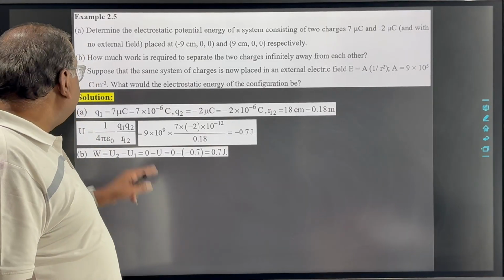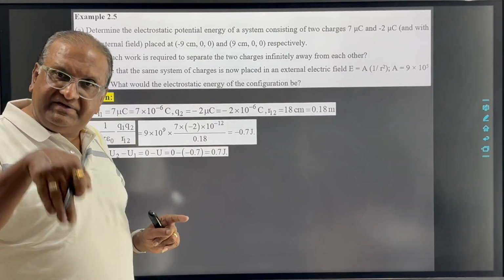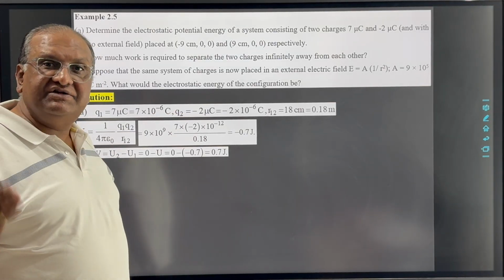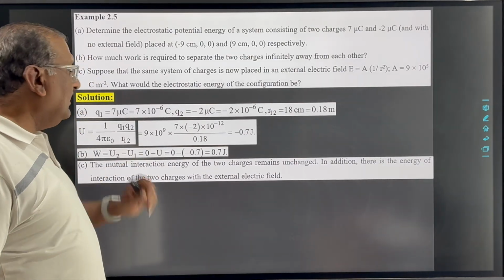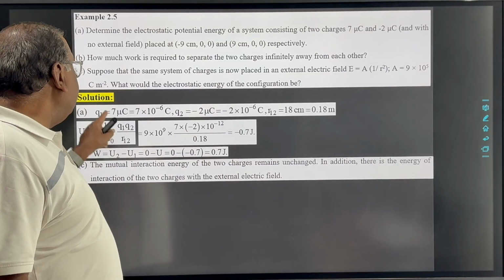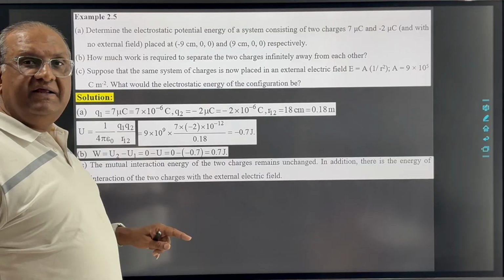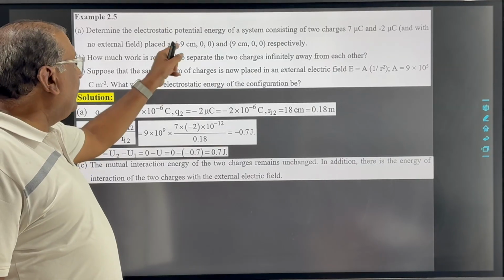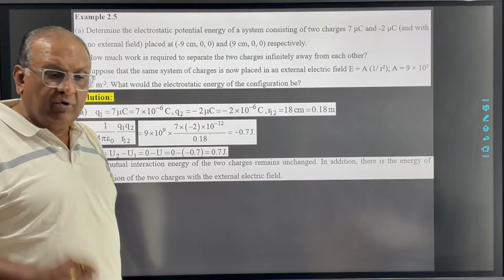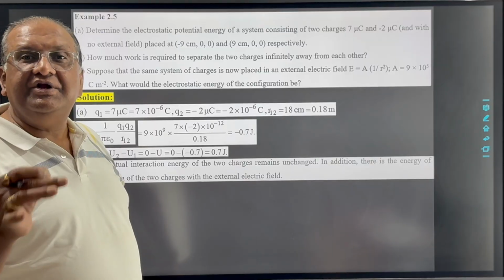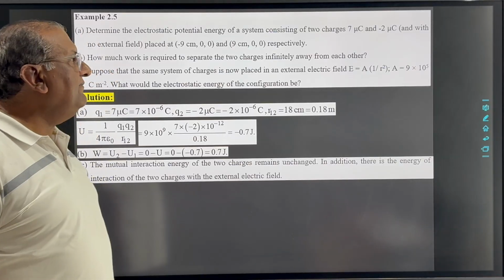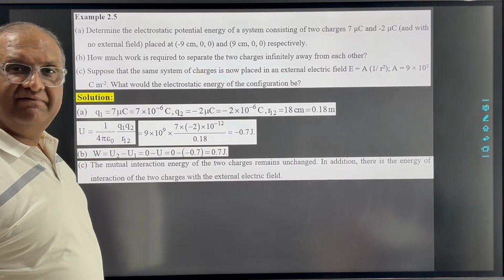One that is due to interaction of charge q1 with electric field, and another one that is interaction of charge q2 with electric field. Clear? Now, to find out the potential energy of q1 in the given electric field at a particular point, we have to find the potential at that point, because potential energy is q into V. Now here relationship E is A into 1 upon r square, that is given to you.